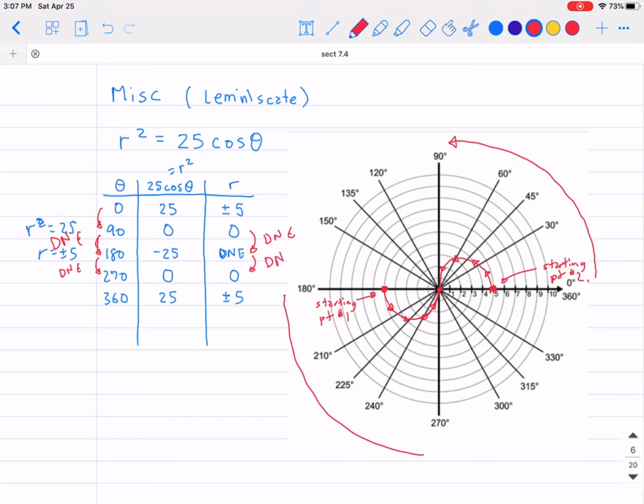Now from 180 to 270, I do believe that's the same thing because again, your radii are still going to be negative. So it does not exist. So here, let me just write that out. DNE means does not exist. And that notation you can probably see quite a bit once you hit calculus next year.